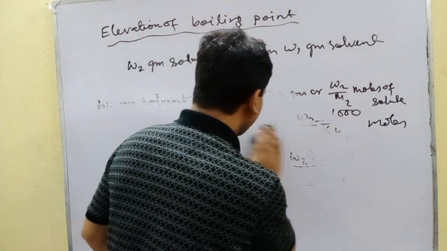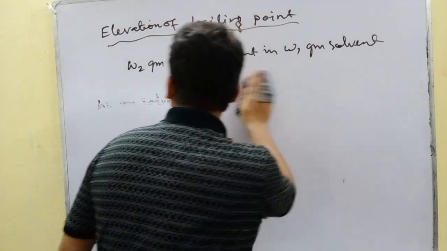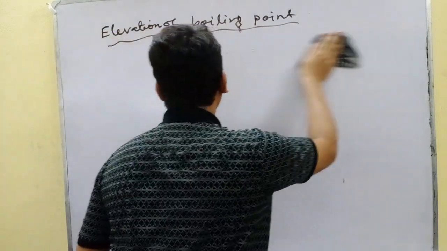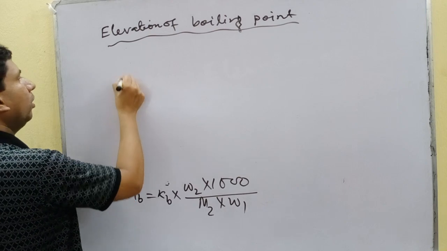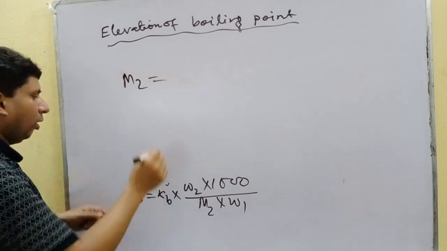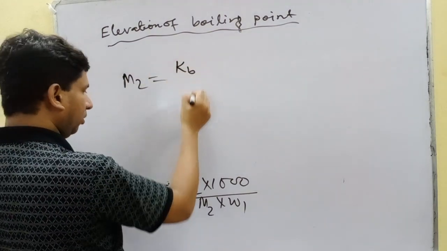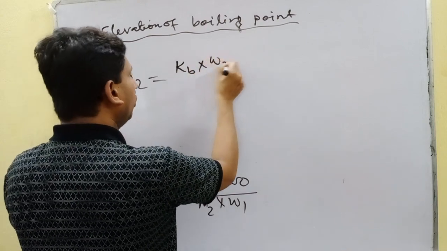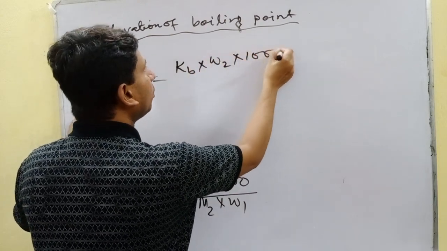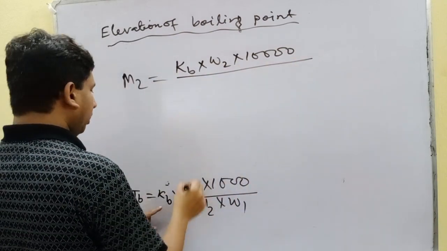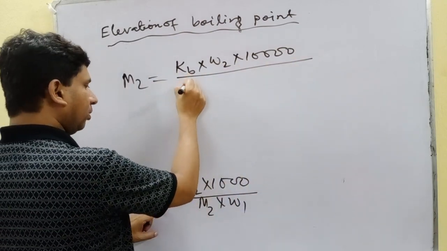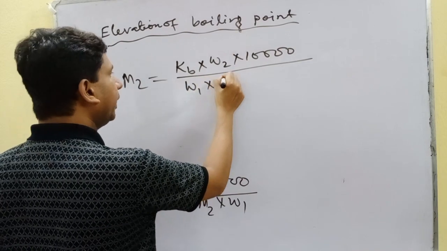Now from this equation we can rearrange and get M2 equals Kb into W2 into 1000 divided by W1 into delta TB.